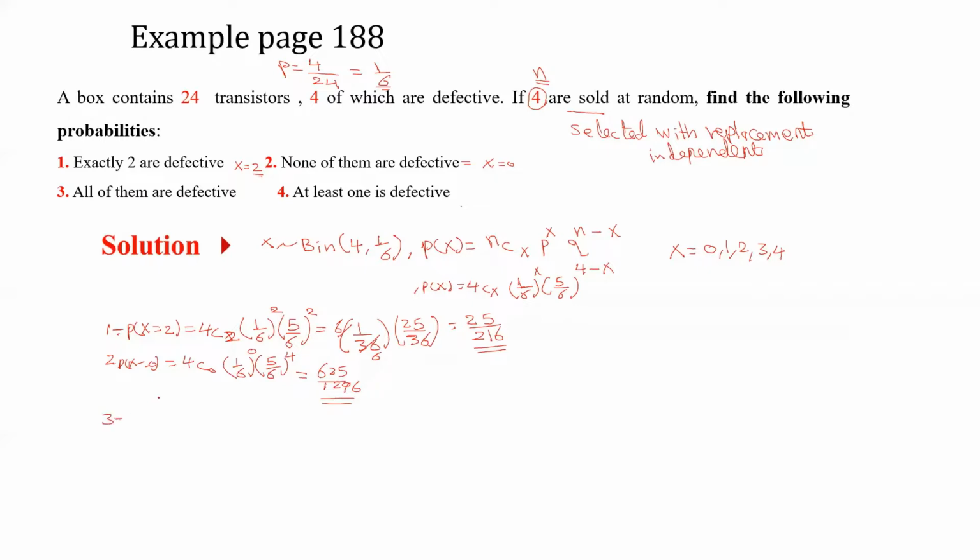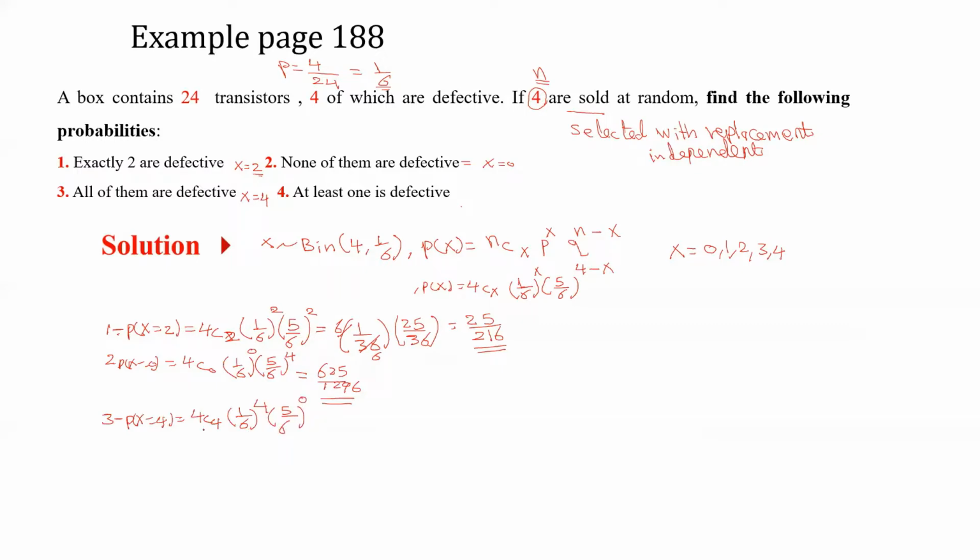Number 3 is all, which means x equal n. So P of x equal 4: we put x is 4, 4C4 times (1/6)^4 times (5/6)^(4-4), which is 0.